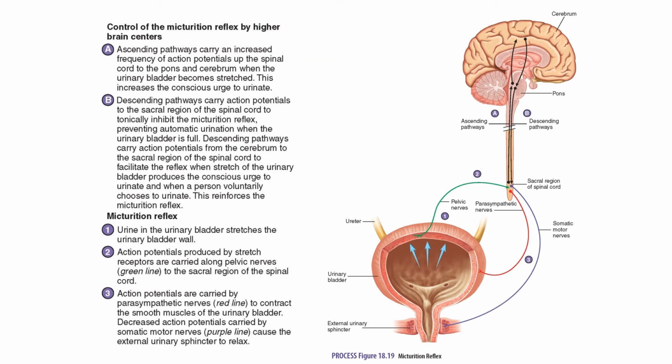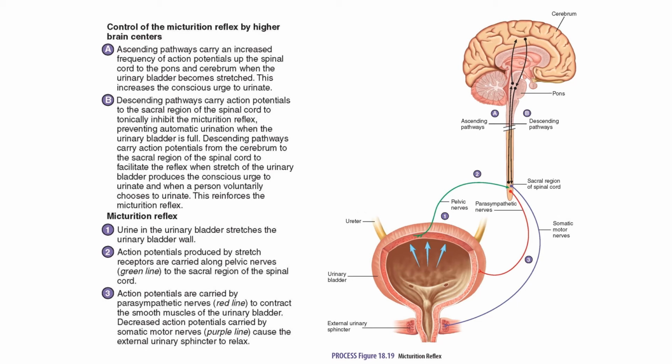So in here, this is an image showing you the micturition reflex by higher brain centers. In this figure, the A part or the ascending pathways carry an increased frequency of action potentials up the spinal cord to the pons and cerebrum, and when the urinary bladder becomes stretched, this increases the conscious urge to urinate.